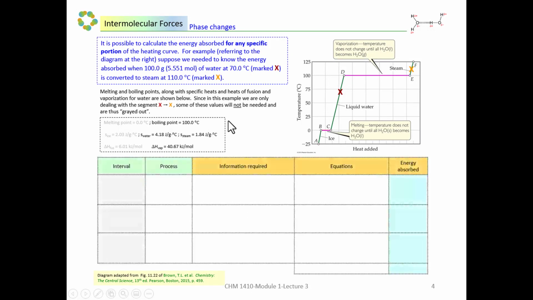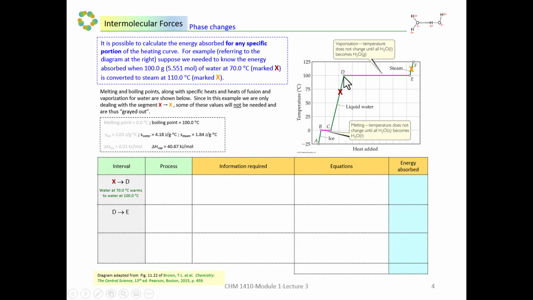So we can split this process up into just 3 intervals, or 3 segments. The first would be starting at this X, this brownish red X, going to point D, and that would simply be water starting at 70 degrees C and warming to 100.